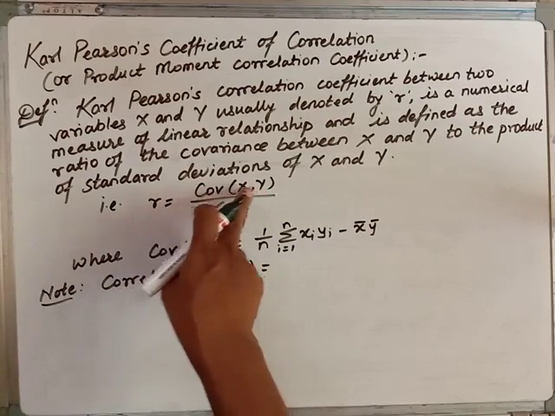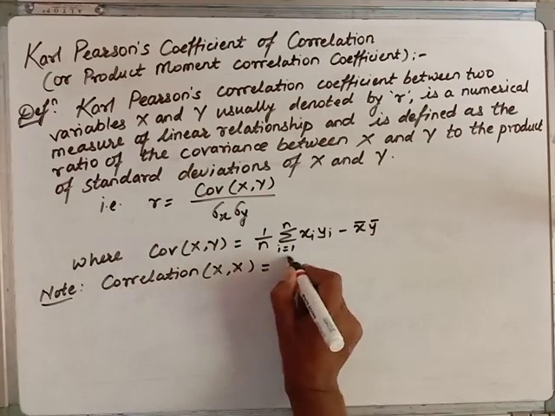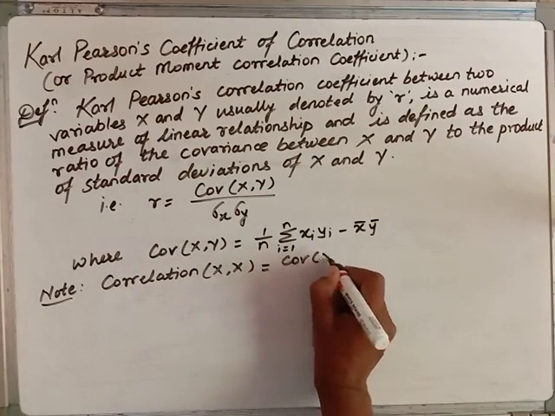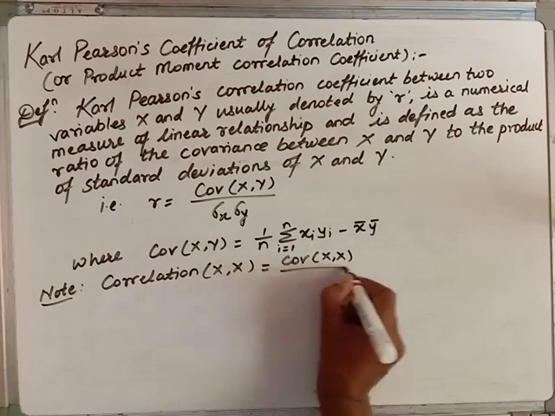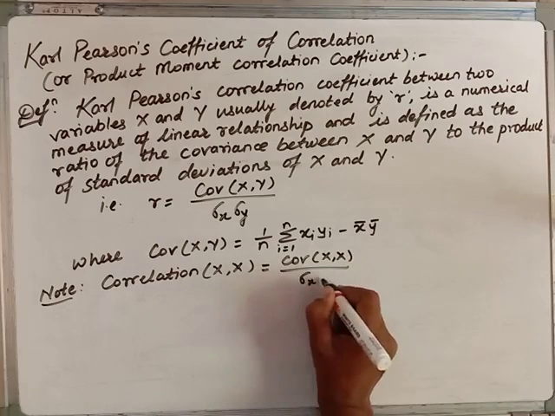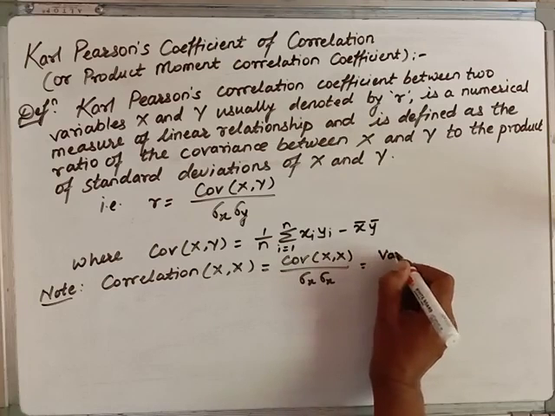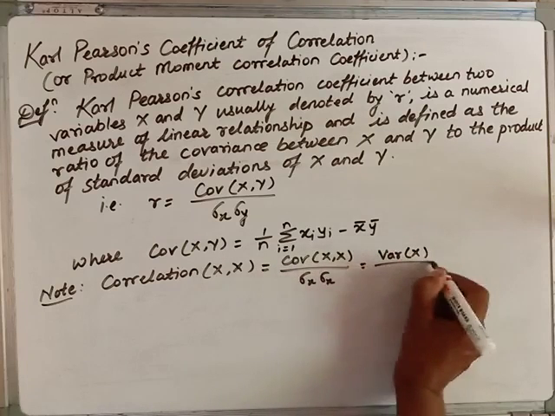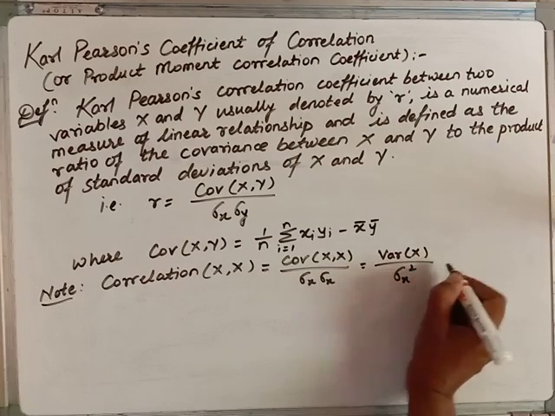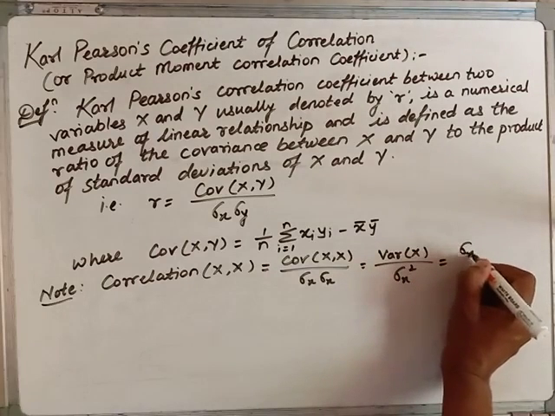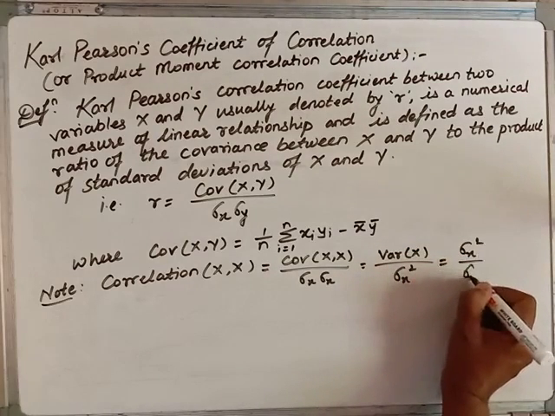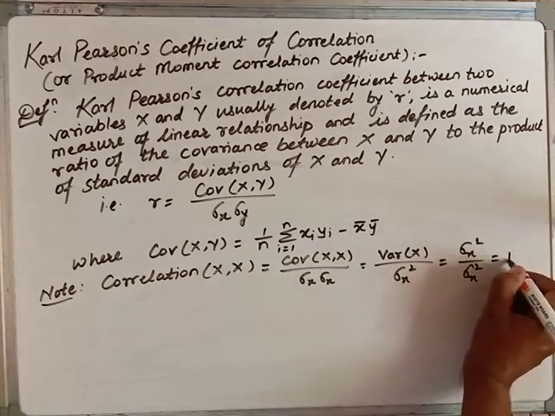It will be covariance between x and x, and here also we get sigma x into sigma x. This is the variance of x upon sigma x square. Variance is also a square of standard deviation, so it will be 1.